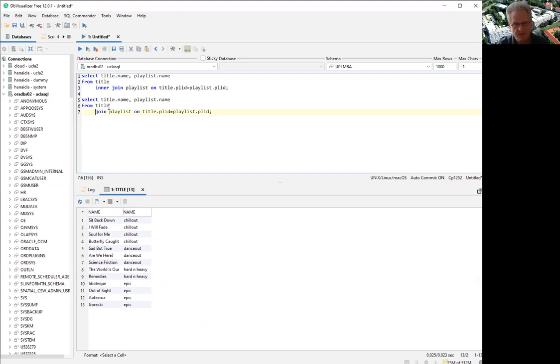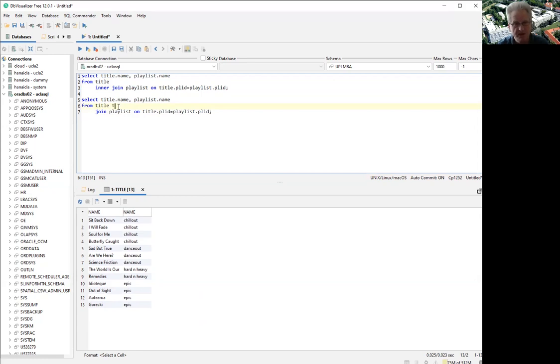And then you see here we have the table name used in order to disambiguate the columns, to reference them in a unique way. And in order to shorten that a little bit, you could also rename the tables within the query.